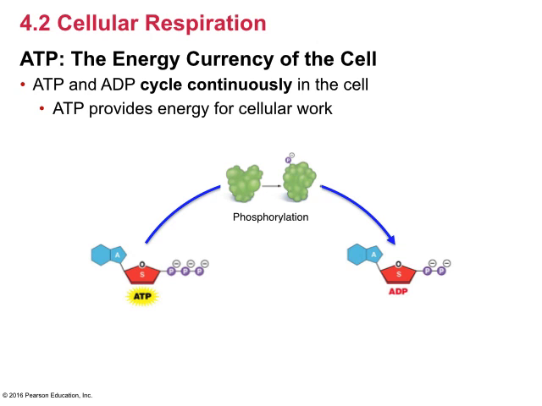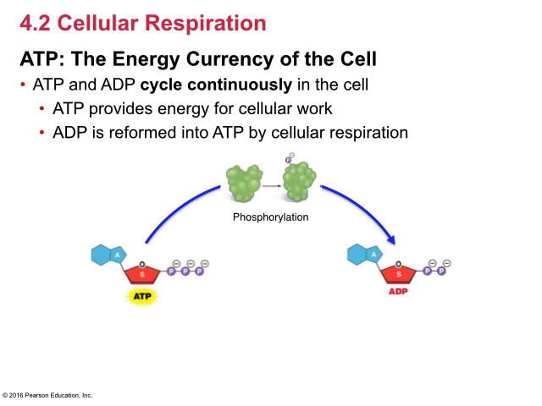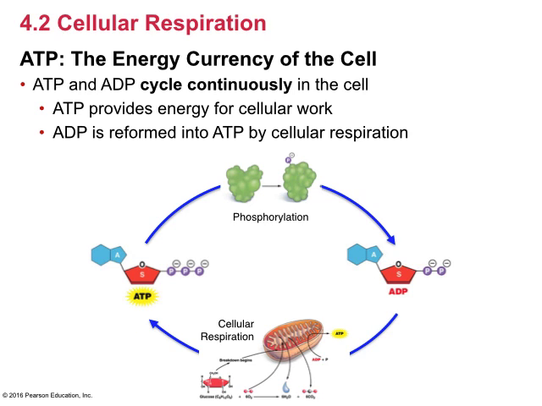ATP will provide energy for cellular work, like we've seen. And then ADP is reformed into ATP by cellular respiration. All right, and here in the bottom there, you see the diagram of cellular respiration, which occurs in the mitochondria. So the mitochondria is the ATP making machine. It is a money making machine, the powerhouse of the cell.